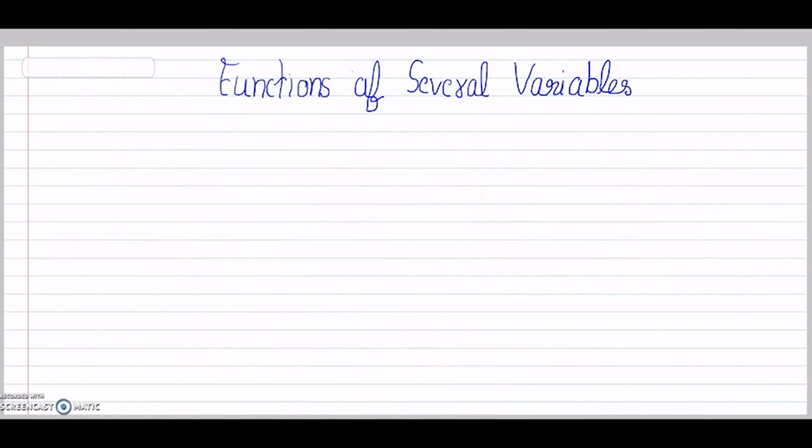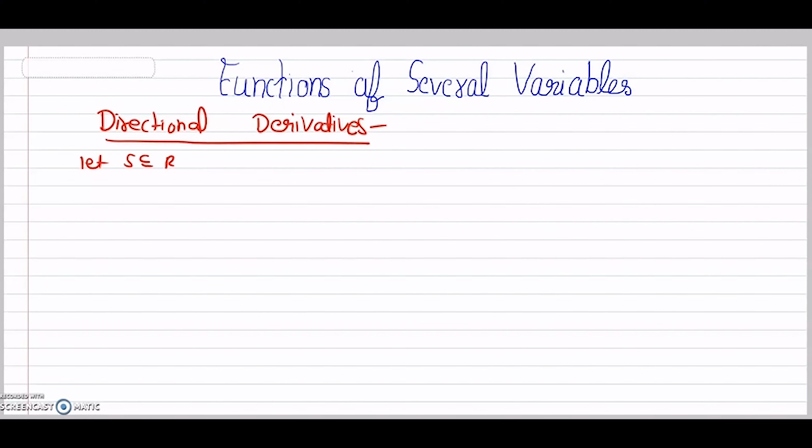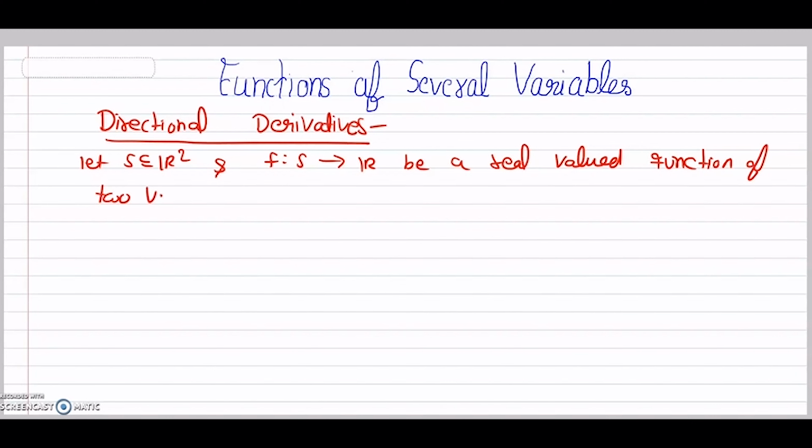लिखिए डायरेक्शनल डेरिवेटिव. Let S is subset of R square and f is a function from S to R. And c belongs to S. And let u equals to (u1, u2) belongs to R square.